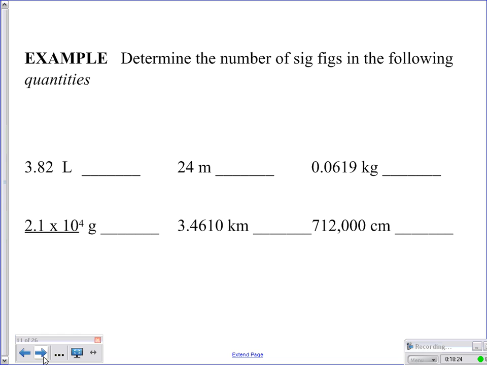Let's see if we can apply those to this. In our first example, it says, determine the number of significant figures in the following quantities. I want to address this really quickly. Quantities, that's what we use in chemistry. Very rarely do I just say, yeah, the answer is 16.